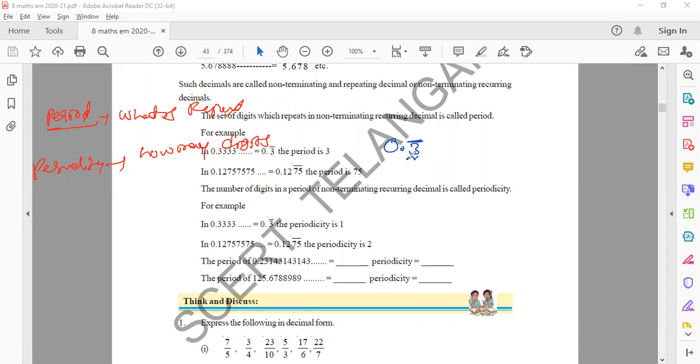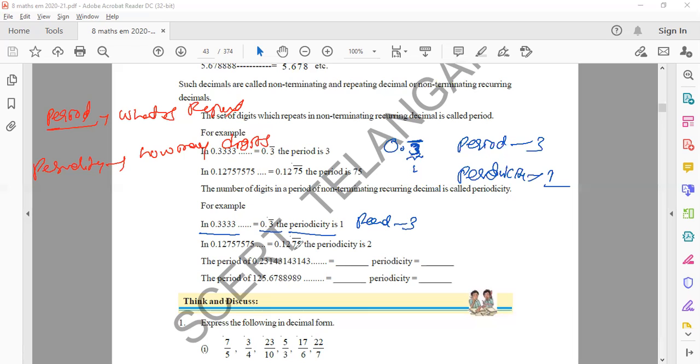What is going to repeat? 3 is going to repeat, so the period is 3. Only a single digit is repeated, so the periodicity is 1. So for 0.3, periodicity is 1 and period is 3.